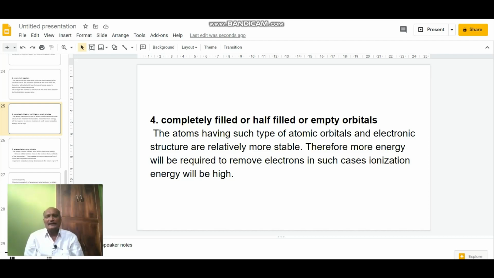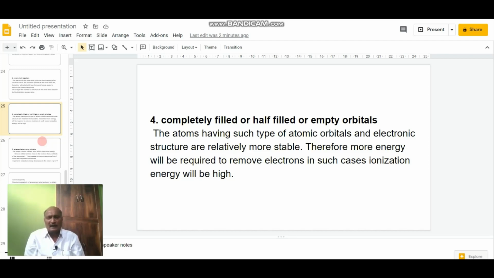Therefore, more energy will be required to remove the electrons, and the ionization energy will be very high. That is, half-filled, completely filled and empty orbitals act as stable orbitals, so it is very difficult to remove an electron from a stable orbital.